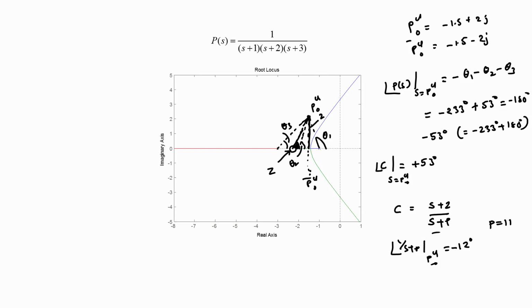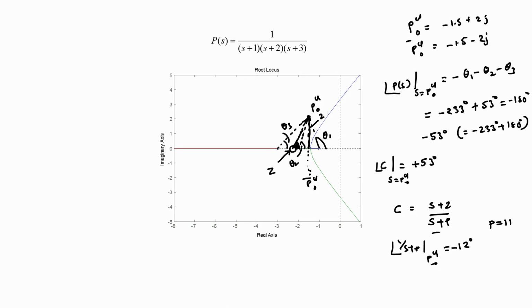So, we have an extra negative angle that has been added on to the already existing negative angle of minus 233 degrees by this extra controller pole that we had to incorporate in the interest of causality of the controller's transfer function.